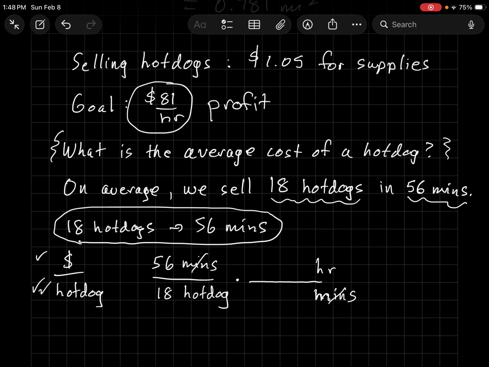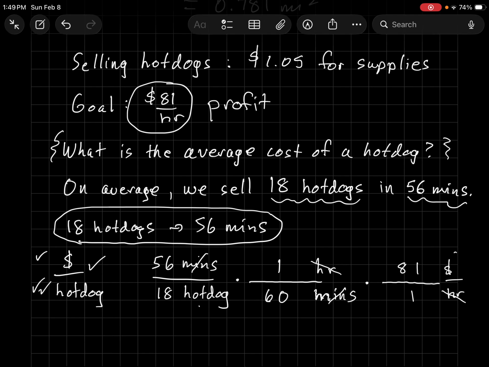If somewhere I have dollars per hour, well, of course I have that. Now, why did I want that? It's because now I could cancel hours. And look at my units. On top I have dollars, and on bottom I have hot dogs, which is exactly what I wanted. And so all I got to do is fill in my numbers. I have $81 per 1 hour.